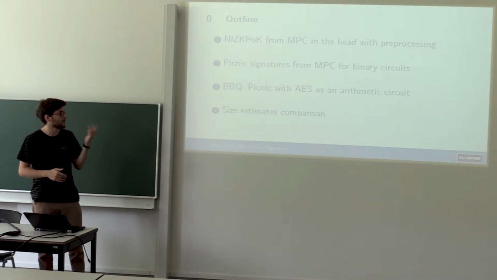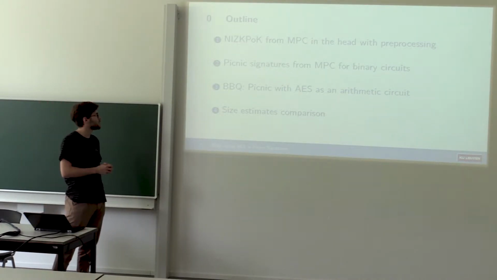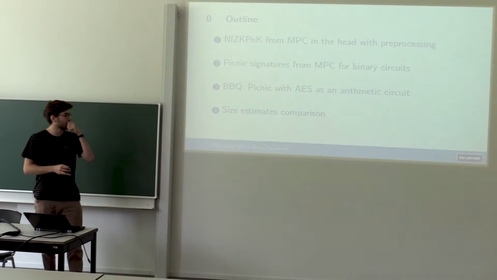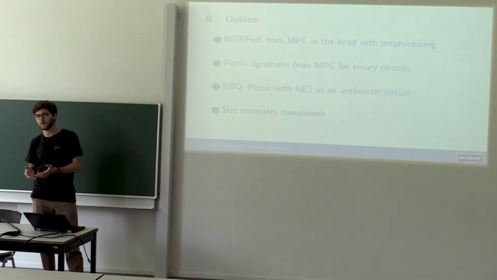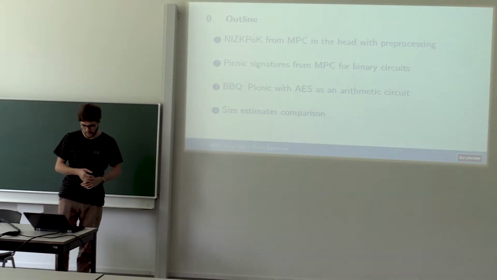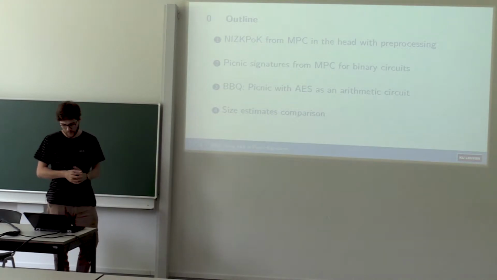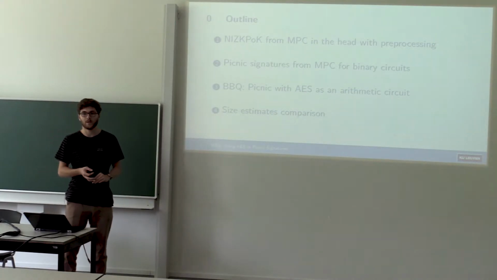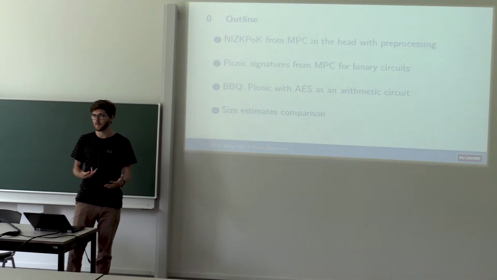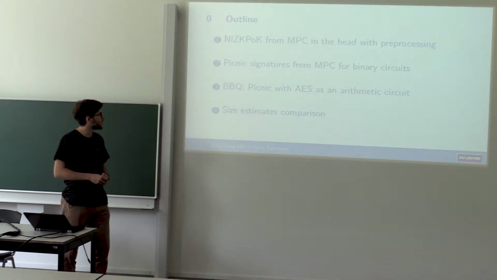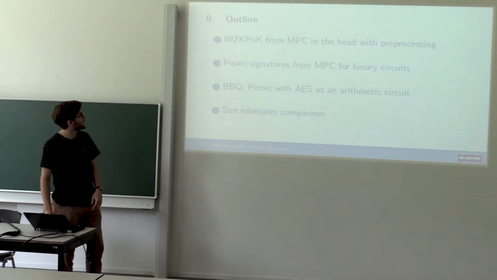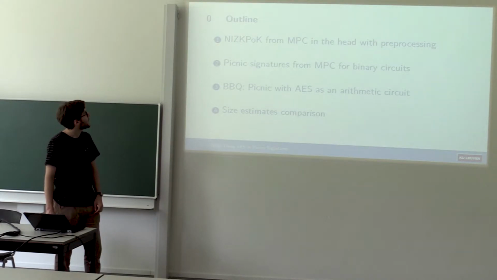And then I'm going to move on to our contribution, which is to use the AES block-cipher in an arithmetic circuit in the same context. Then I'll show you what we estimate the comparisons would be between the sizes, and I'll motivate it a little bit later on when we get there.